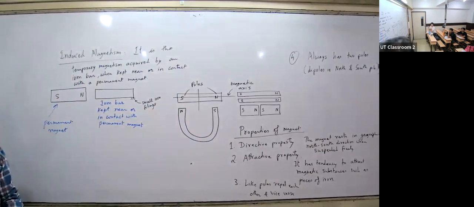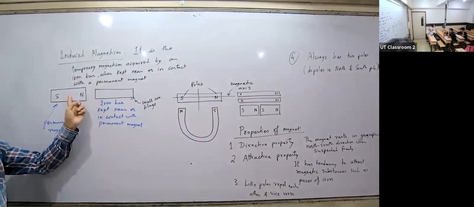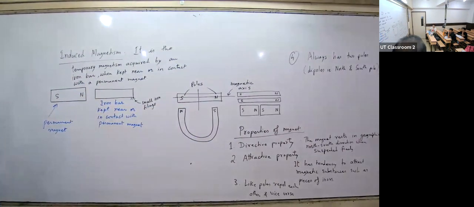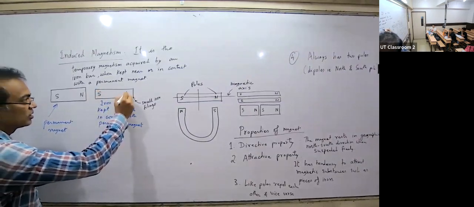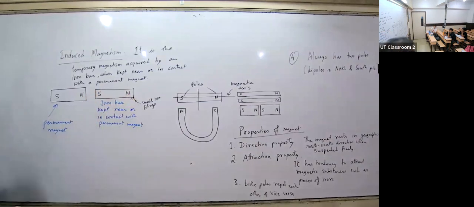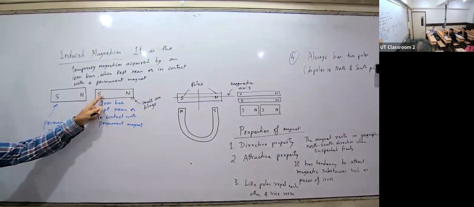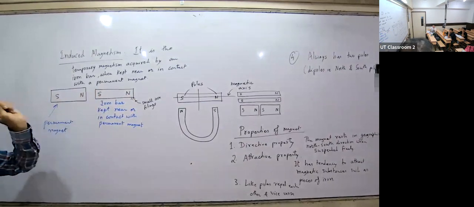Now how will it develop the pole? When this is getting attracted towards this, that means which pole should be on this side? South pole. So whenever induced magnetism is acquired by the iron bar, the opposite pole will be developed near the pole of the permanent magnet.